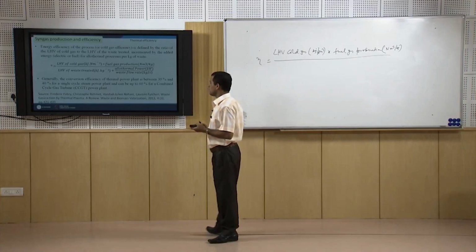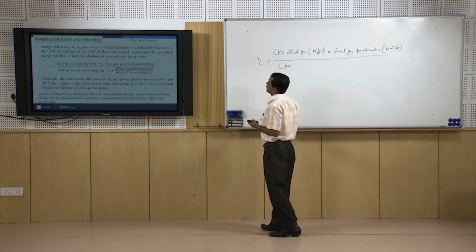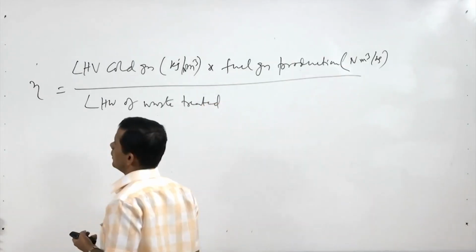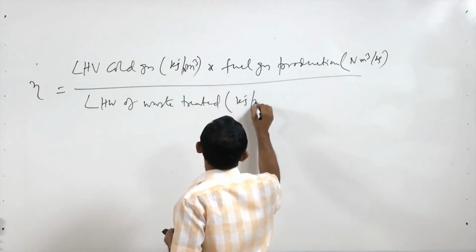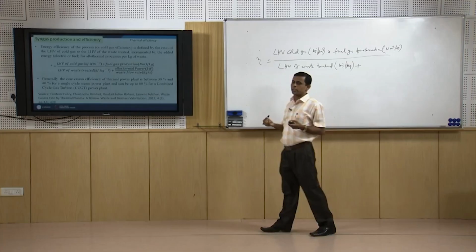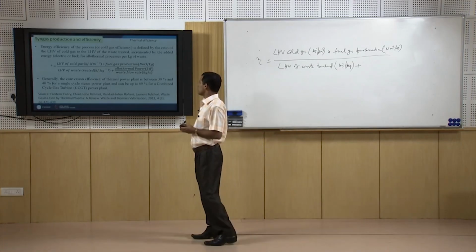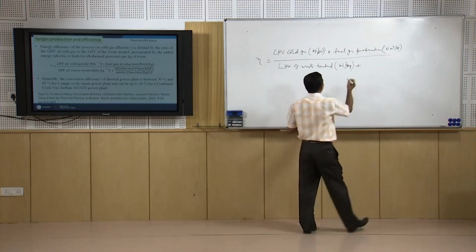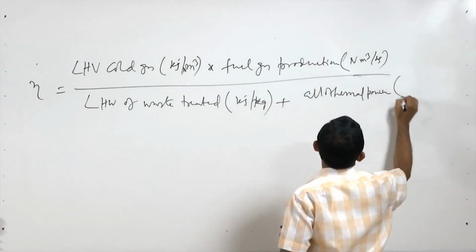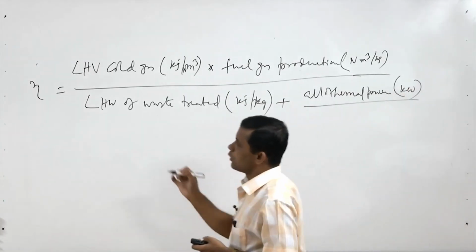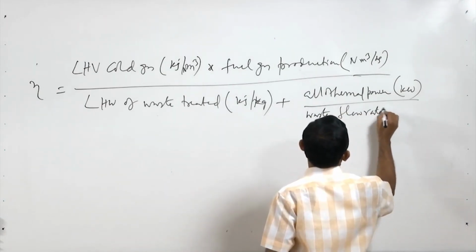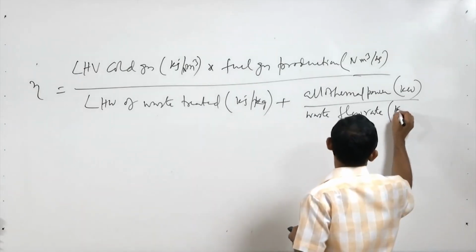how much heat is available in the waste. So, LHV of waste in kilojoule per kg plus additional energy required for the process, that is called allothermal power in kilowatt, divided by waste flow rate in kg per second.